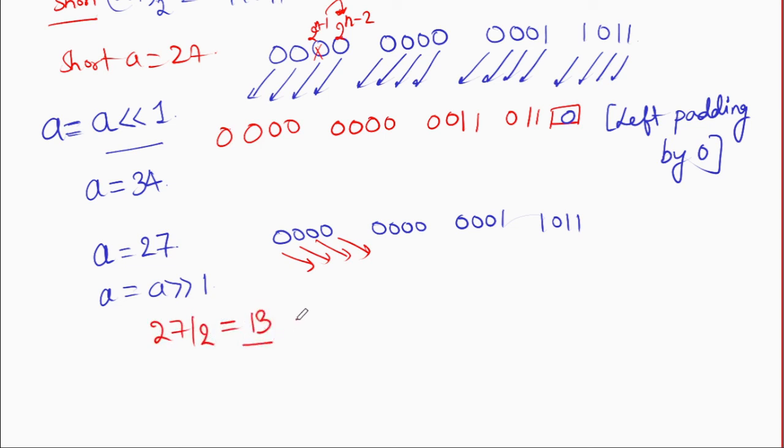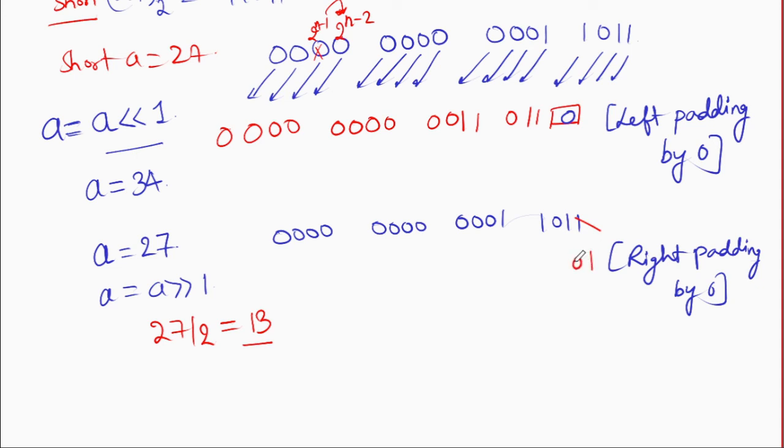Considering that it is of type int, it will return 13. Here padding takes place on the left side, by 0, and the last bit will be deleted, and here the values will be 1101, and the remaining will be zeros.